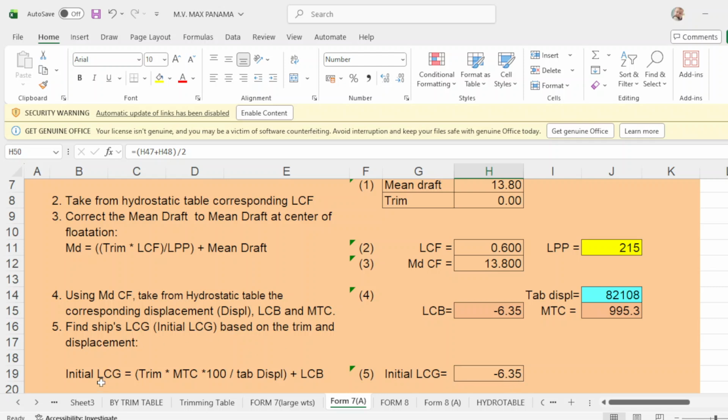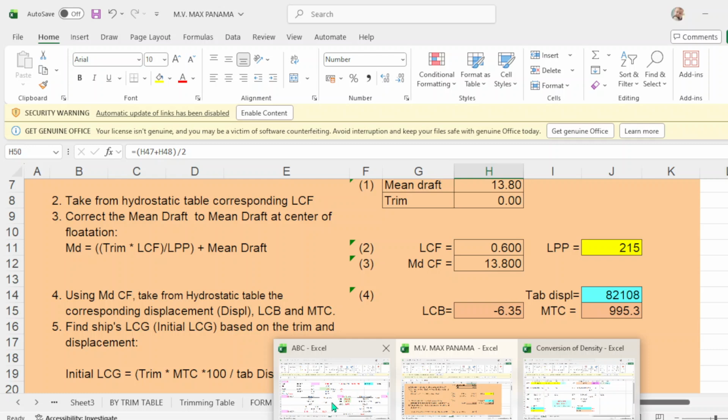So the formula is find the ship's initial LCG based on the trim and displacement. To find the initial LCG is trim times MTC times 100 over displacement plus LCB. And the answer will be negative 635. And number 5, manual computation is this one.